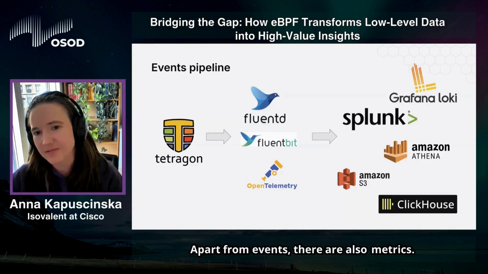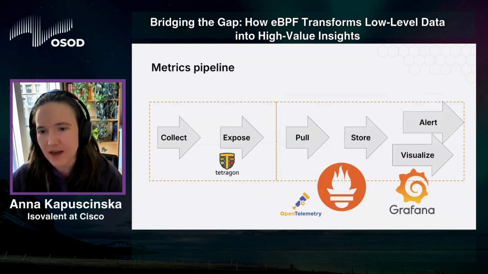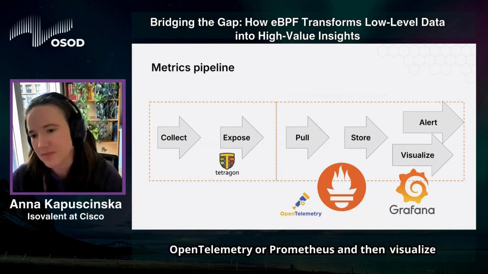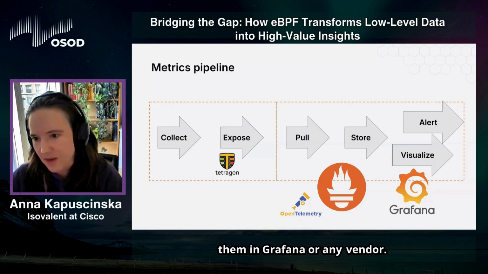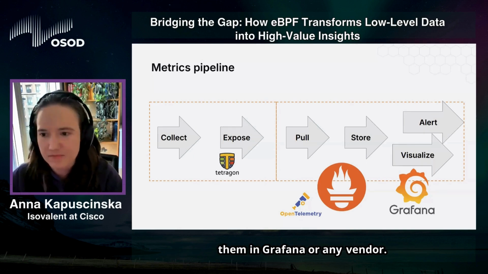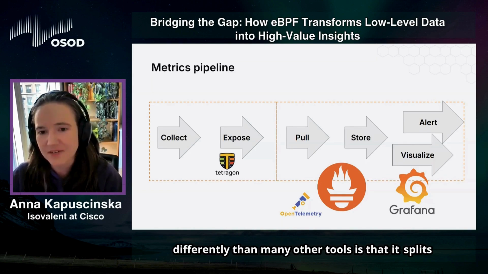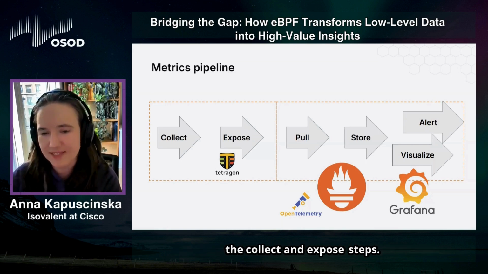Apart from events, there are also metrics. Typically, we would collect metrics using OpenTelemetry or Prometheus and then visualize them in Grafana or any vendor. But something that Tetragon does maybe differently than many other tools is that it splits the collect and expose steps.